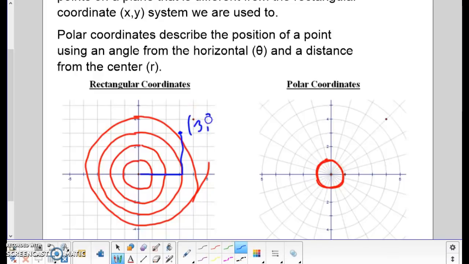Or we can look at that point and say this point is this distance from the origin at this angle. So we're talking about the same coordinate system. It's just that we're measuring in a different way.